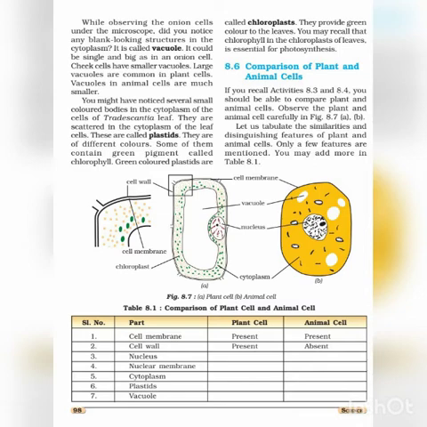Now plastids are present in plants and absent in animal cells. Vacuoles are large in plant cells and smaller in animal cells. So these are the various organelles we can see in the cytoplasm of a cell.